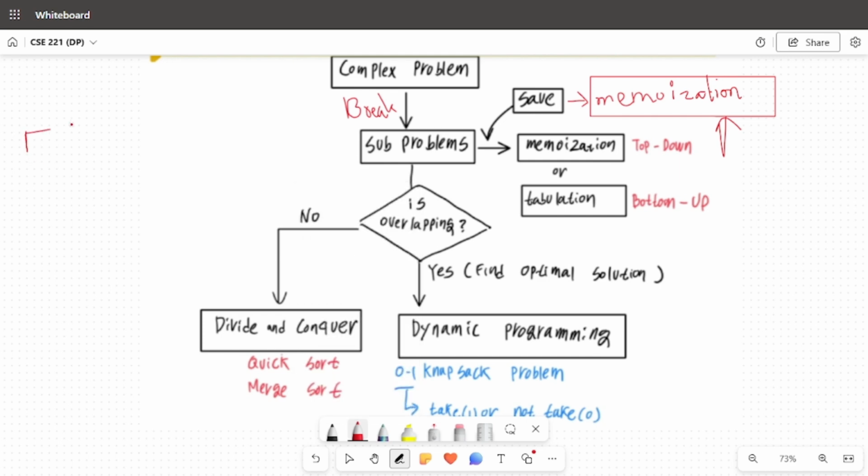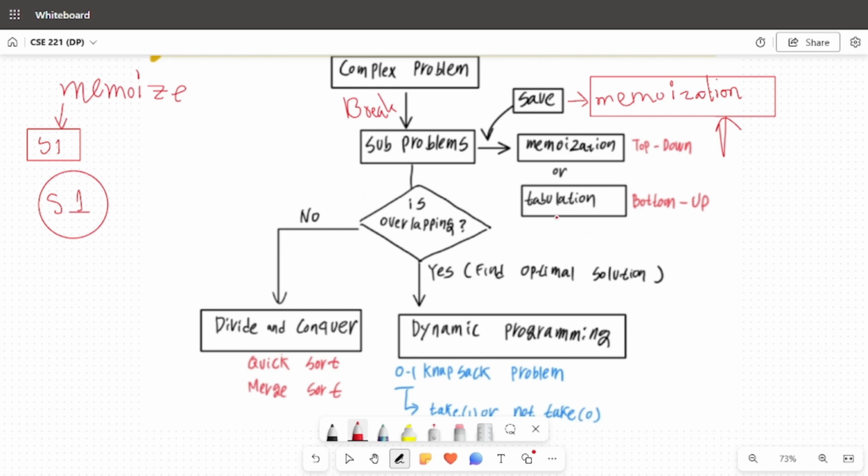Suppose you got S1, so you memorize it. Now if you get S1 for the second or third time, you will see it has already been stored in the memoization, right? That is what top down or memoization does.